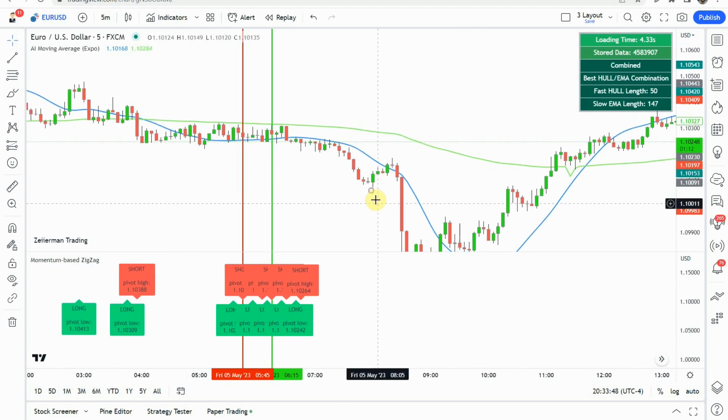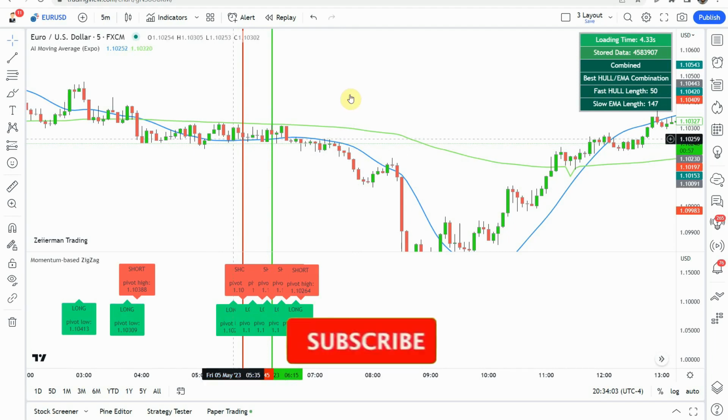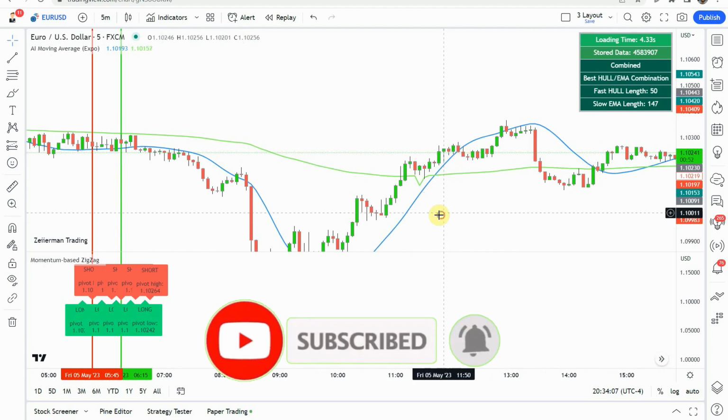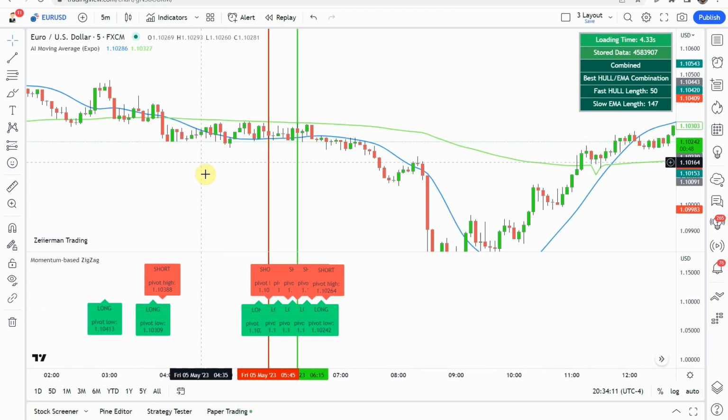So for the entries, what we are looking for is the moving average. The blue moving average below the green moving average, it's going to be looking for sell signals. The blue moving average above the green moving average, we are looking for long trade signals. In this case, we're looking for short trades as the blue moving average is below the green.